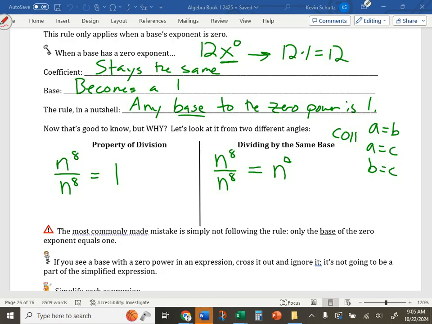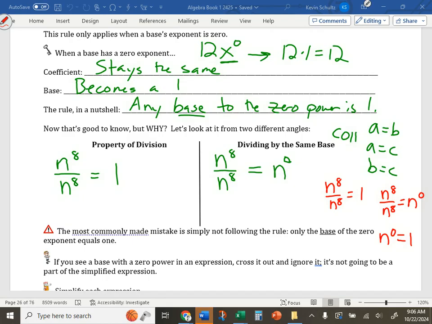Essentially what we've just proven is that if n to the 8th over n to the 8th equals 1, as we said here, and if n to the 8th over n to the 8th equals n to the 0, as we said here, then n to the 0 must equal 1, right? Does everyone follow that logic?